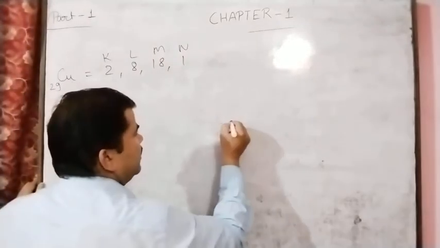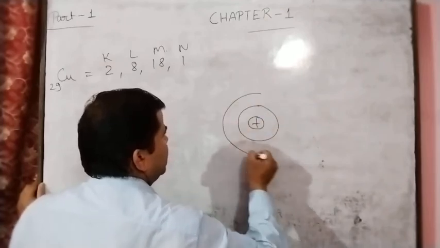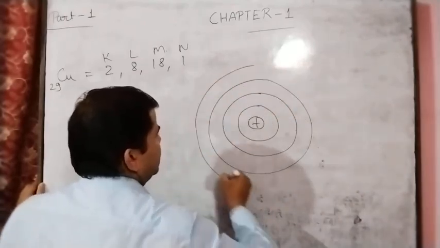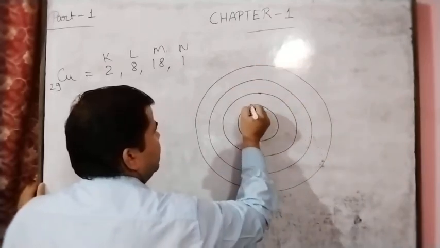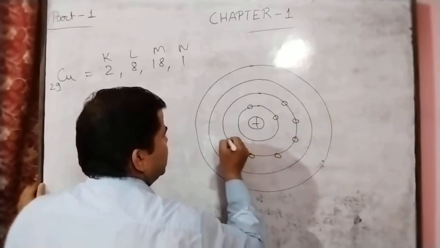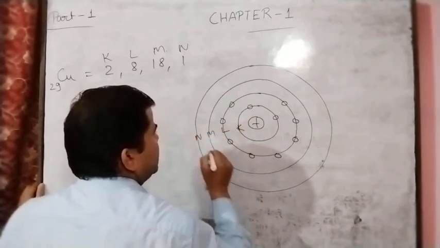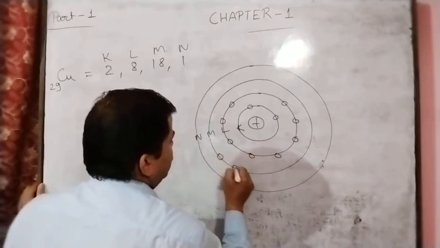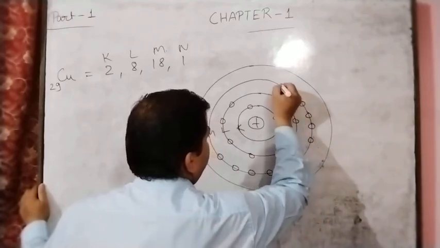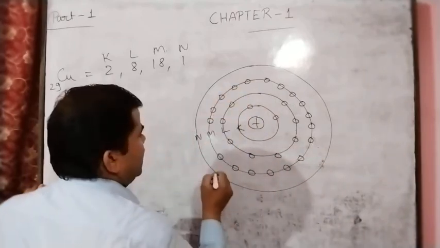If we draw the atomic structure, there is the first shell, second shell, third shell and fourth shell. The first shell has 2 electrons, the second has 8, the third has 18, and the N shell has 1 electron.